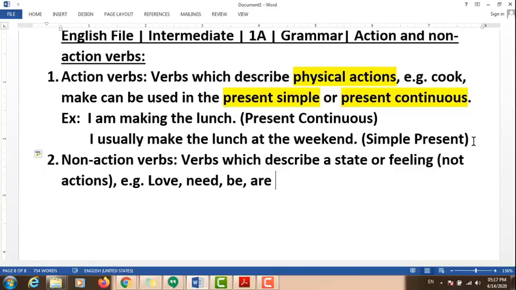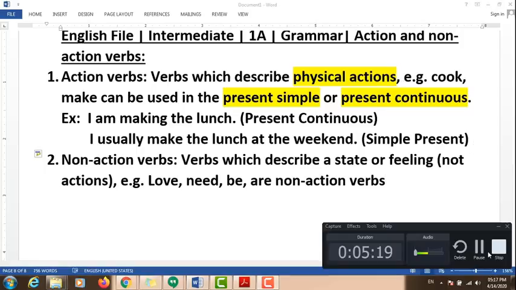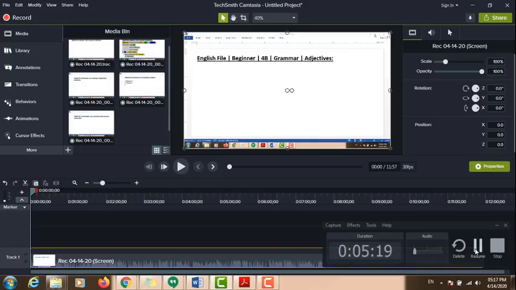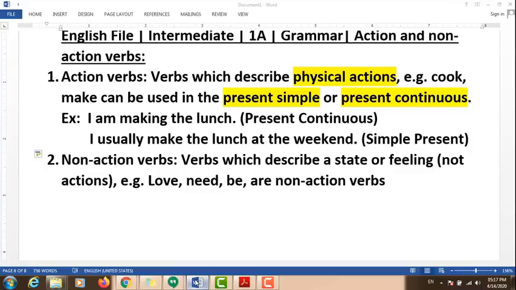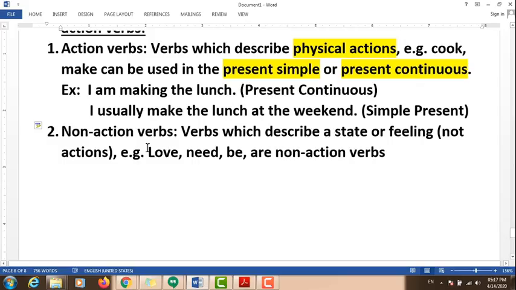These are non-action verbs. So these are what, guys? Non-action verbs. Like love, it's a mental verb. It doesn't have any action, okay? And then need, you need something in your brain, in your mind. Then be, like was, were, is, am, are, being, and been. They're all non-action verbs.